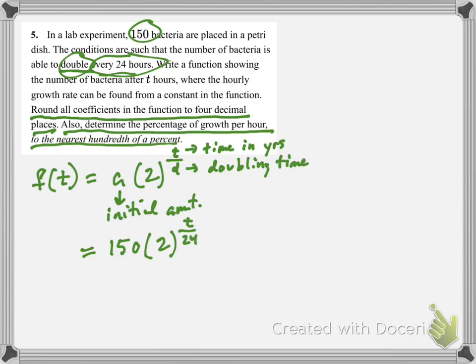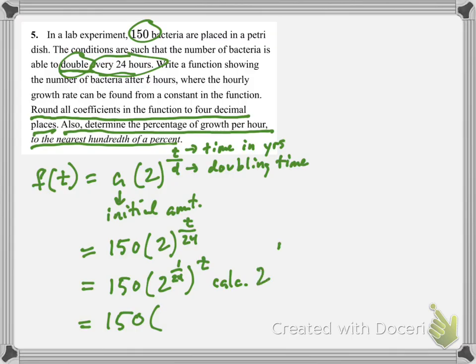All right? Now, I want this function to have just a t as the exponent. So, if you remember from what we did in the last section, we can pull out 1 over 24. We can actually figure out what that is. So I have 150 times, now I have to calculate 2 to the 1/24th power.